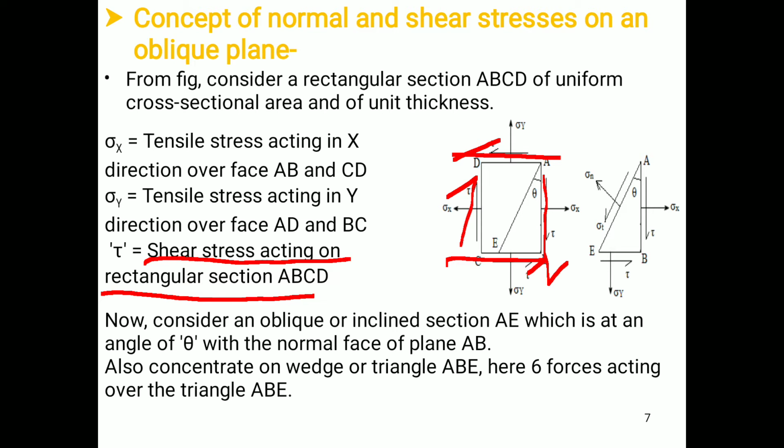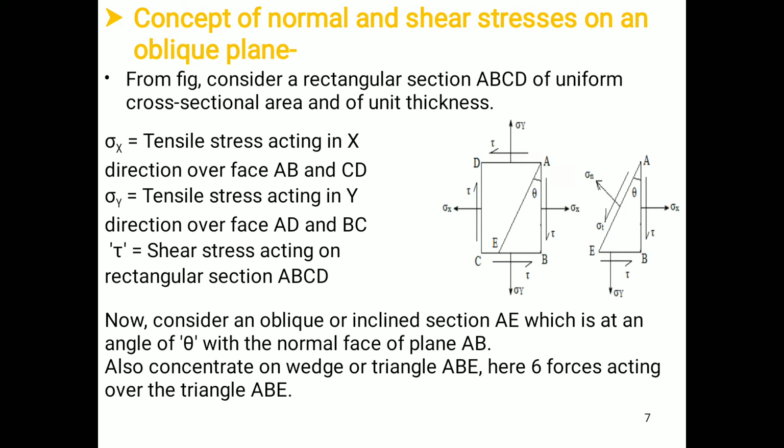This particular direction is the positive one, and the negative direction will be considered as positive shear stress in today's discussion. So those are the shear stresses acting on faces AB, BC, CD and DA.